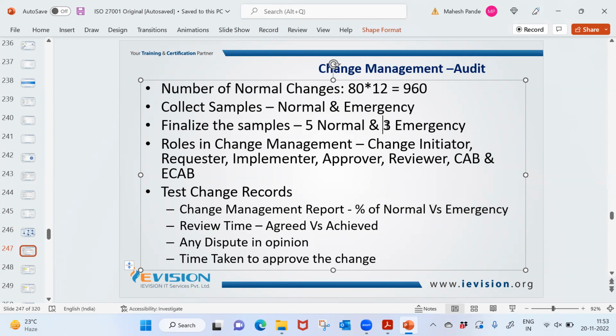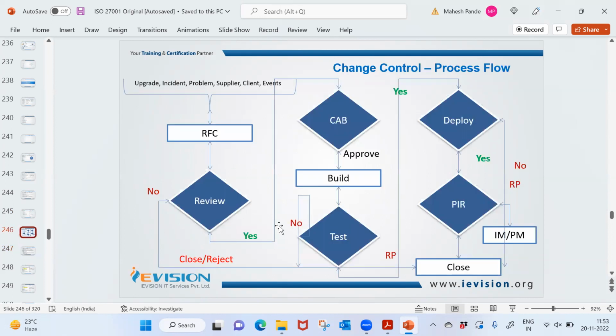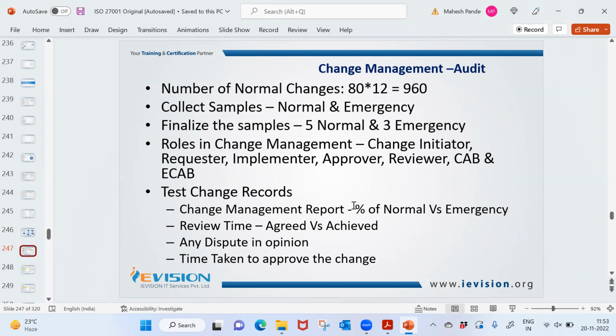We can also see in 3, that is the emergency changes, apart from this, whether the tests have been carried out. In general, in emergency, most organizations skip the step of testing and they directly go for deployment. So whether the tests have been carried out or not carried out, because it is written in the process document.